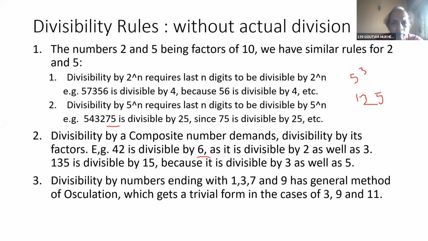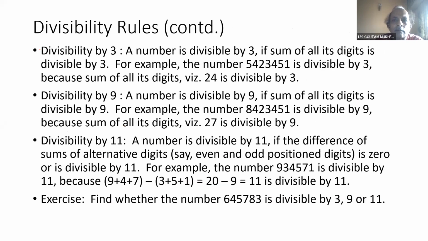Now, divisibility by numbers ending with 1, 3, 7 and 9 has a general method of osculation, which takes a trivial form in case of 3, 9, and 1. I discuss these very shortly, because divisibility by 3 comes from the same formula, but it is so trivial that it has taken a different form. A number is divisible by 3 if the sum of all its digits is divisible by 3.